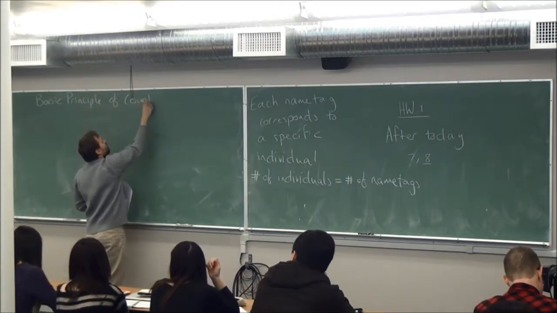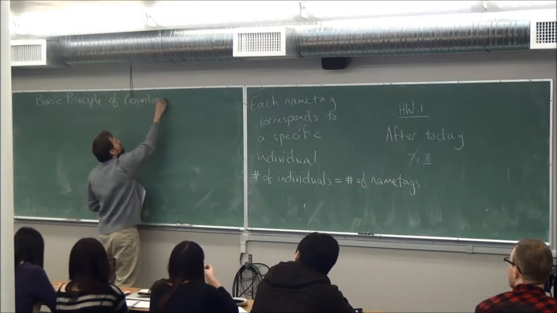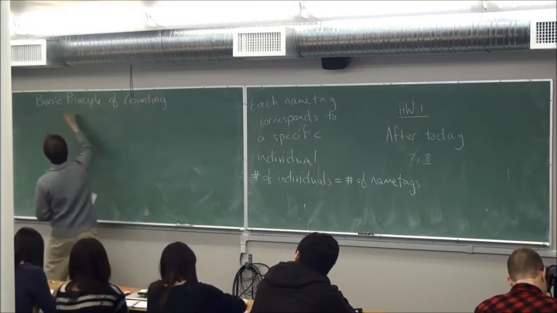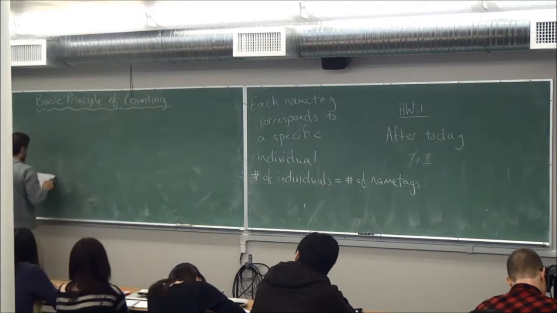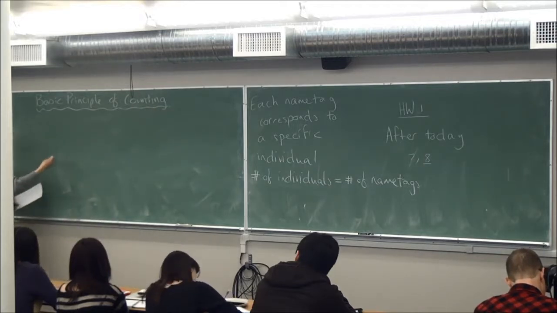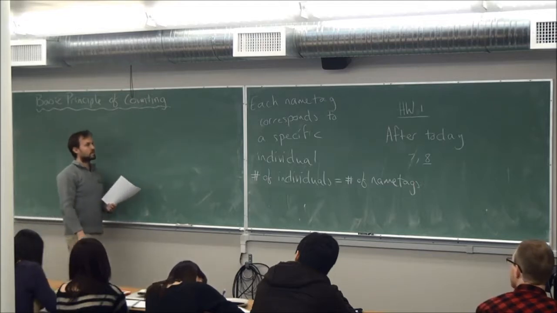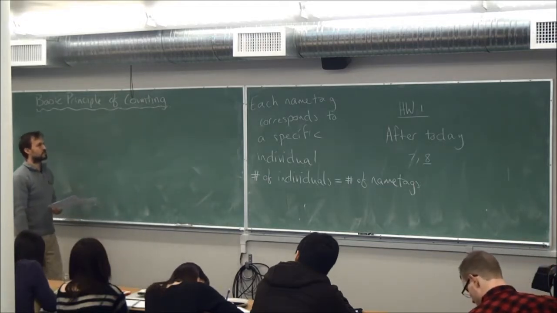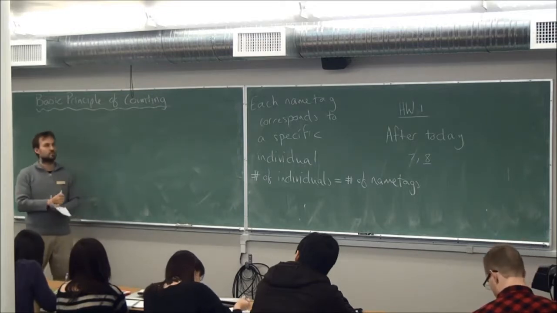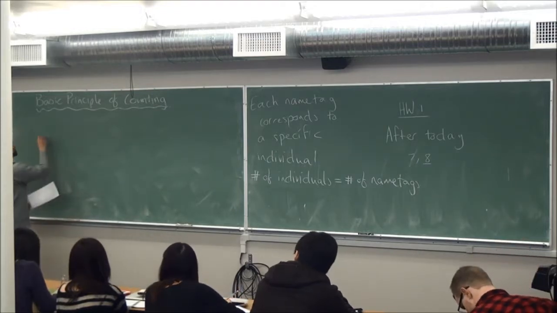It's really just repeating what we did with these name tags. Let's put squiggly lines under it. Okay. So, in the example, my experiment was making a name tag, making a label for the individuals, and I wanted to count how many different ways can I make such a label.